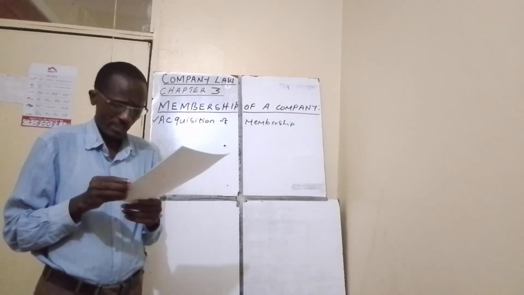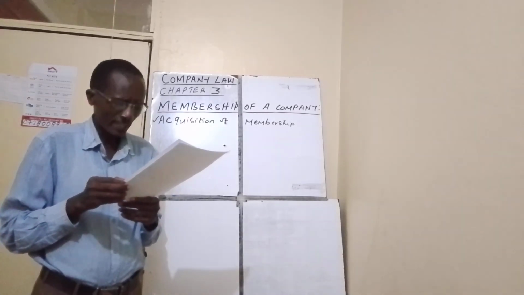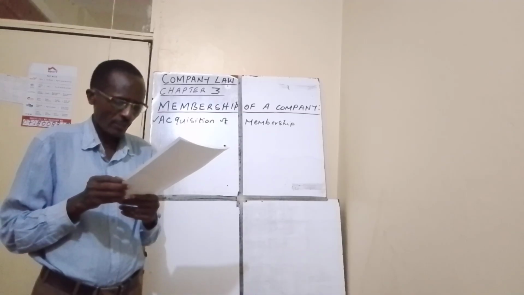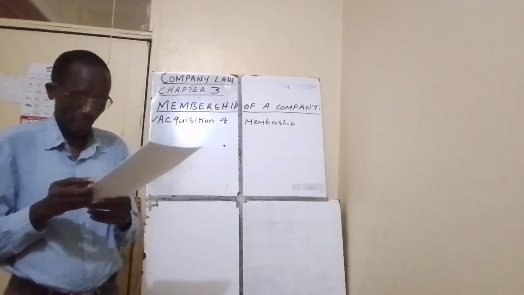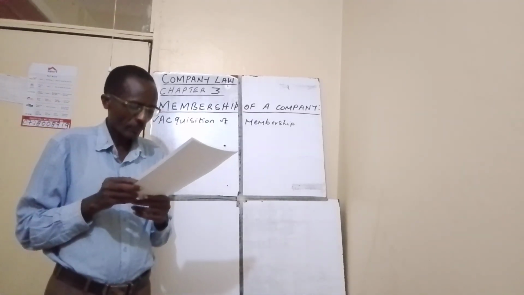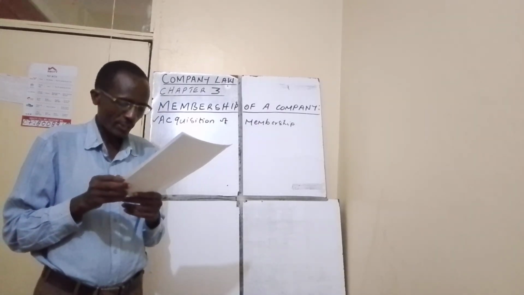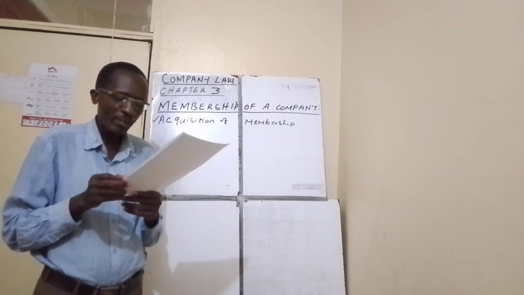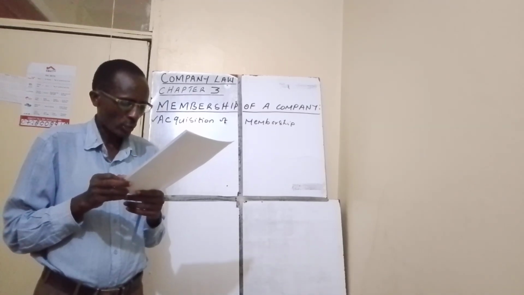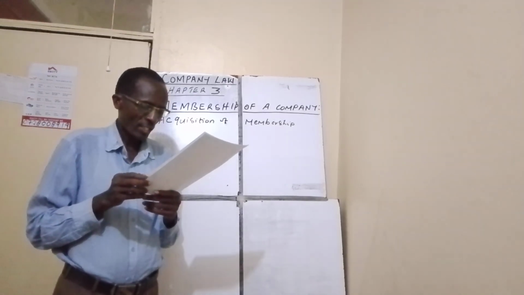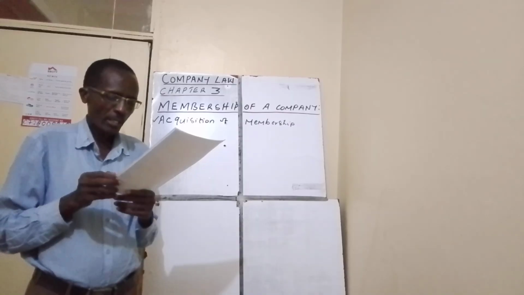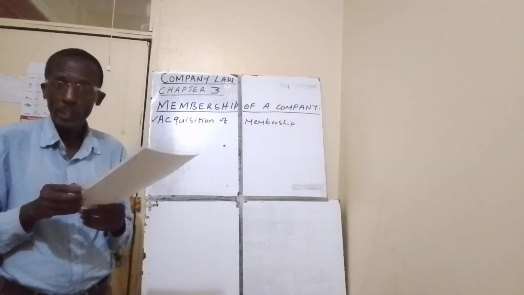When a member dies, his name is deleted from the register of members and that of the personal representative is entered in the register. The personal representative will administer the shares of a deceased member, after which he will transfer the shares to the legitimate dependent of the shareholder.